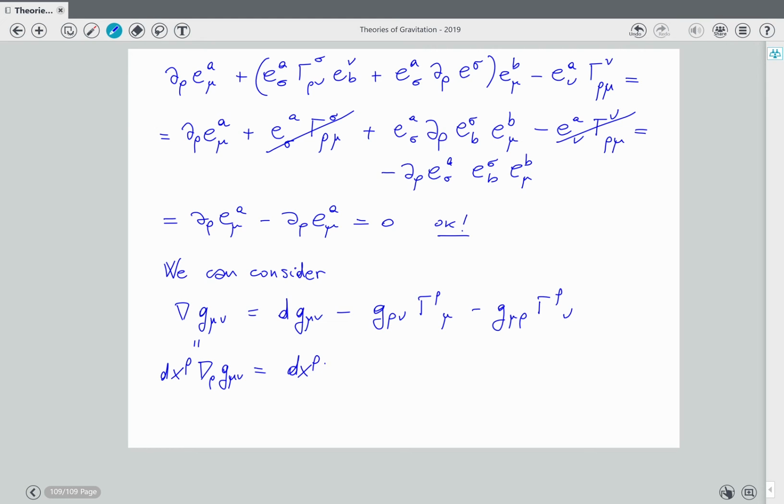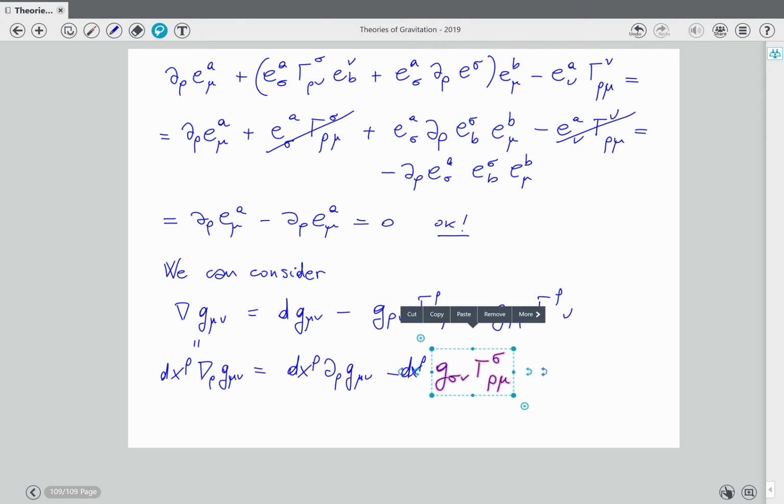So dx rho, this is partial rho g mu, minus g, okay, this is sigma nu, gamma sigma rho mu dx rho, minus dx rho g mu sigma gamma sigma rho nu.